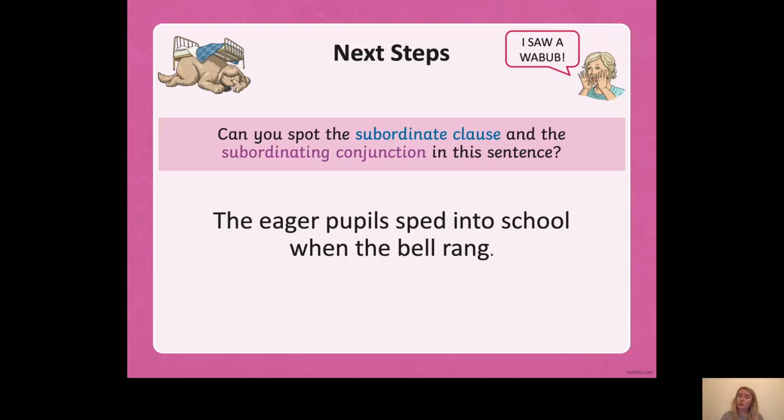Well, the subordinating conjunction is always at the beginning of our subordinate clause. So here is our subordinate clause, when the bell rang. And look, we wouldn't be able to have that on its own, when the bell rang, because what? So therefore, we know that it is a subordinate clause because it doesn't make sense on its own. It has to have the eager pupils sped into school as well. So our subordinating conjunction is when.